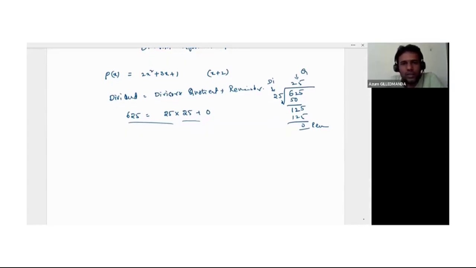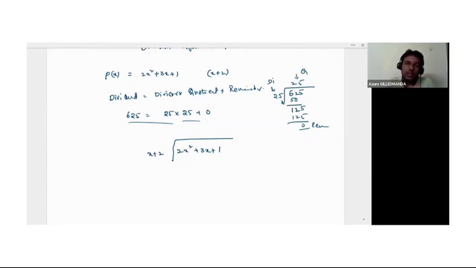The first step is to write the polynomial 2x squared plus 3x plus 1, which we need to divide with x plus 2. Same thing as 625 divided by 25. Now 25 goes 2 times. The closest is 50, right?